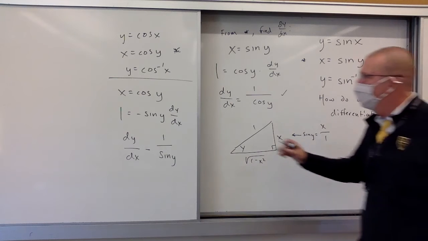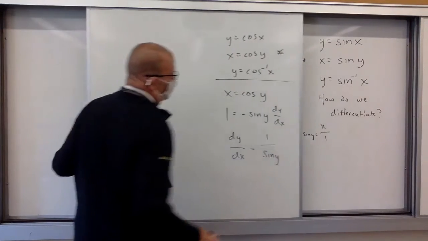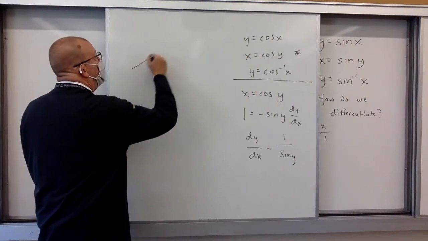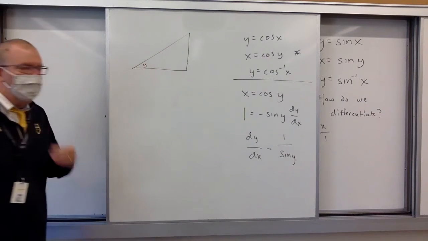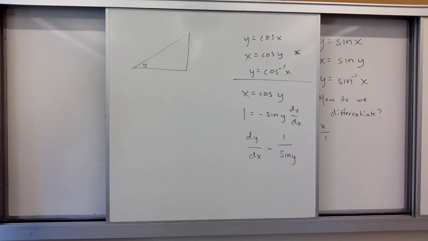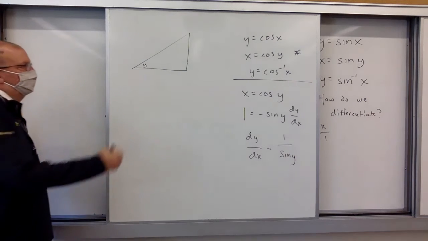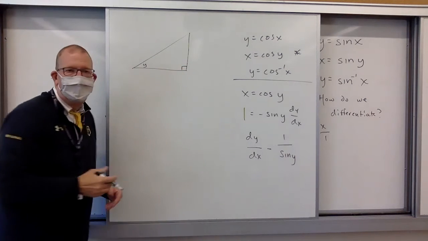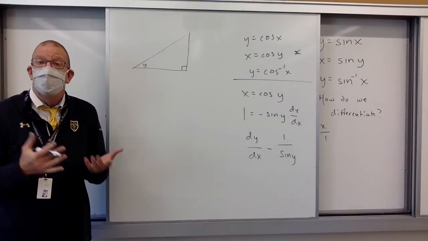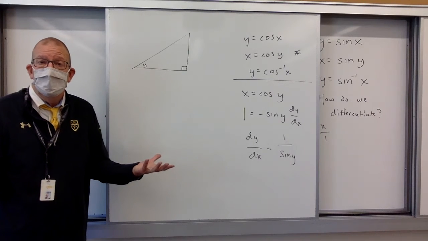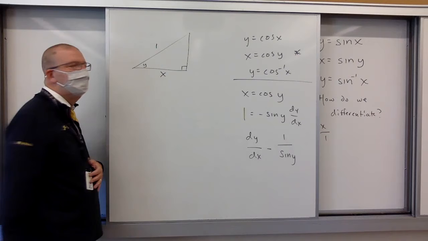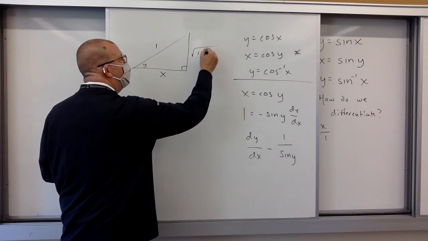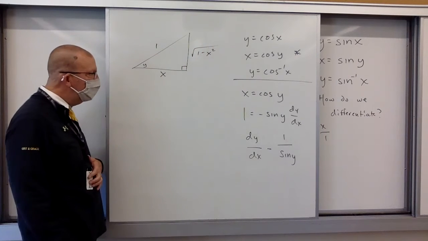So let's do that here. In fact, now I can cover that up. What do we know about y? We know the cos of y is x over 1. So what's the cos? The adjacent over the hypotenuse. Ah, x. Missing side, root 1 minus x squared.